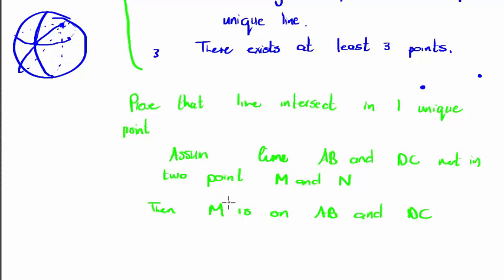So if they meet in 2 points, then M is on AB and DC, and N is on AB and DC.